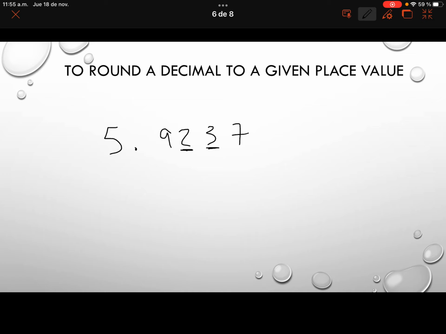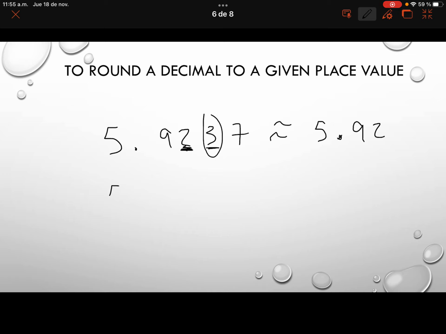If the digit to the right, in this case 3, is less than 5, the digit on left, in other words 2, is dropped, kept the same. Then the number rounded to the nearest hundredth in this case is going to be 5.92, exactly the same, because this 3 is less than 5.